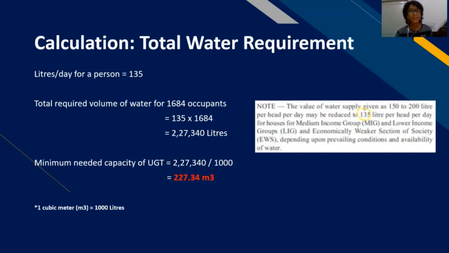So for 1,684 occupants, the required amount of water per day is 2,27,340 liters, as you can see over here. So the minimum needed capacity of the tank will be 227.34 cubic meter.